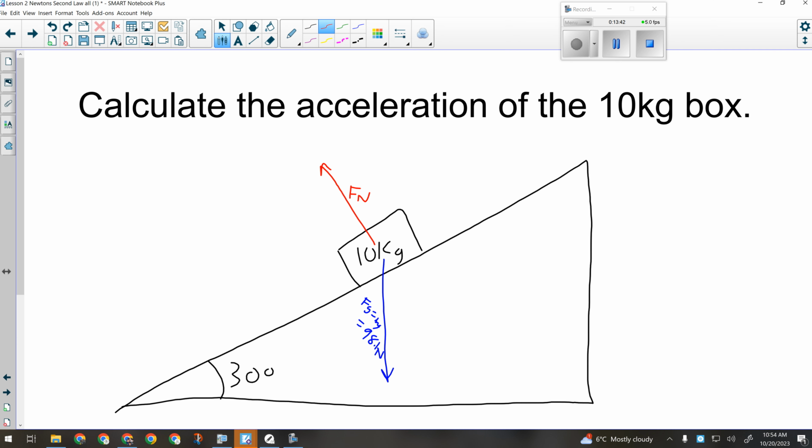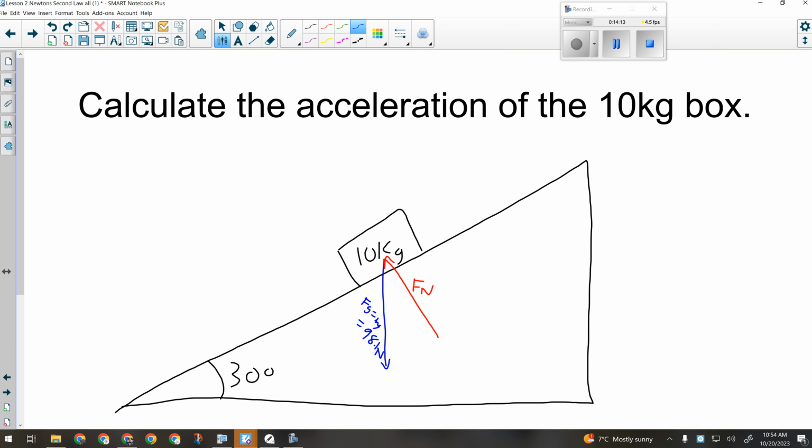How do I add vector quantities? I draw them tail to head. So if I take this force down here and draw it so that it's tail to head, and I did a decent job of making it the right length, I'm going to make one small adjustment here, just because I had to guesstimate and it came out a little bit long.